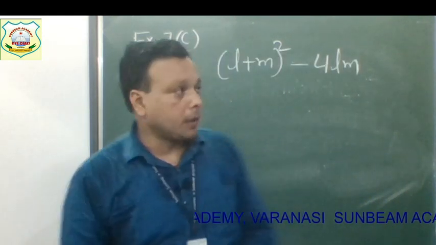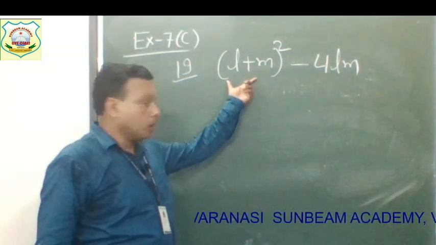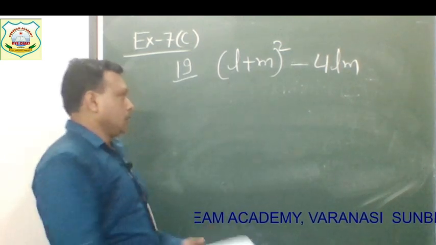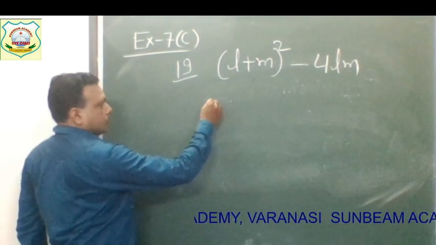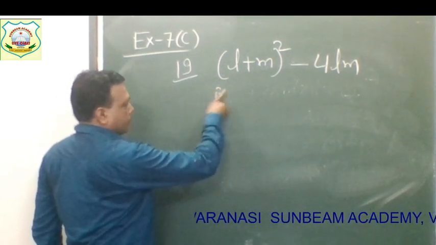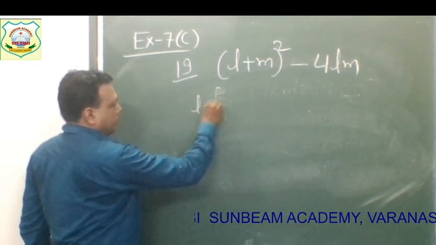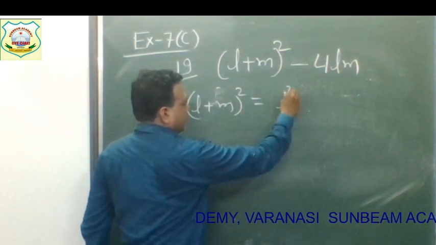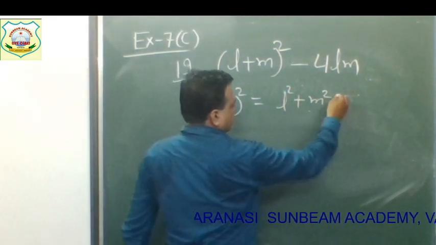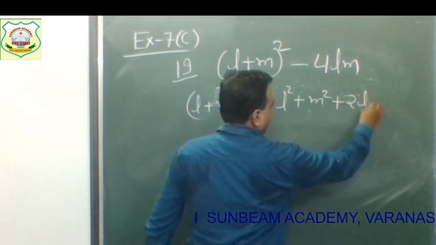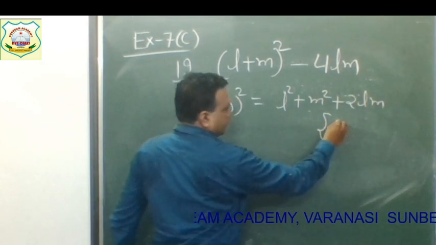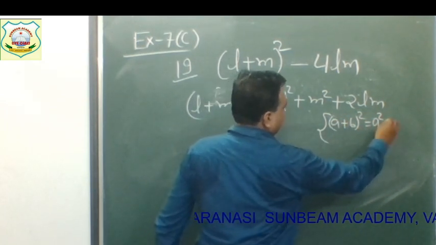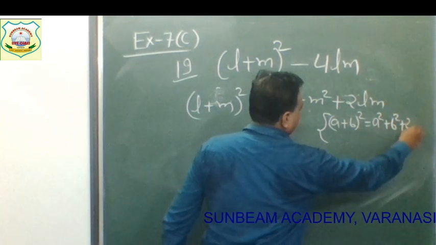So how will we do, students? (L plus m) whole square, so we can use here the identity (a plus b) whole square. So (a plus b) whole square, that is a square plus b square plus 2ab.